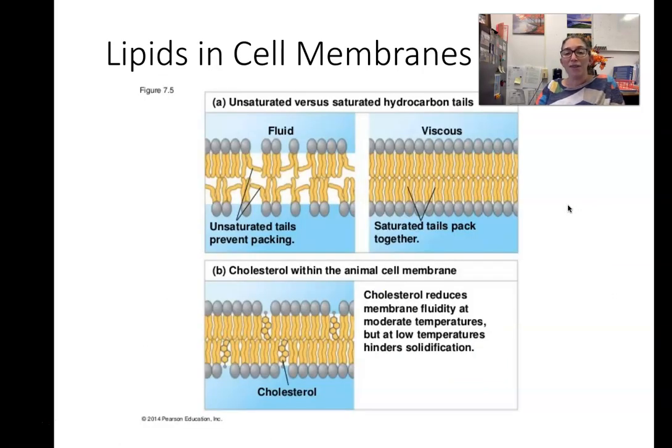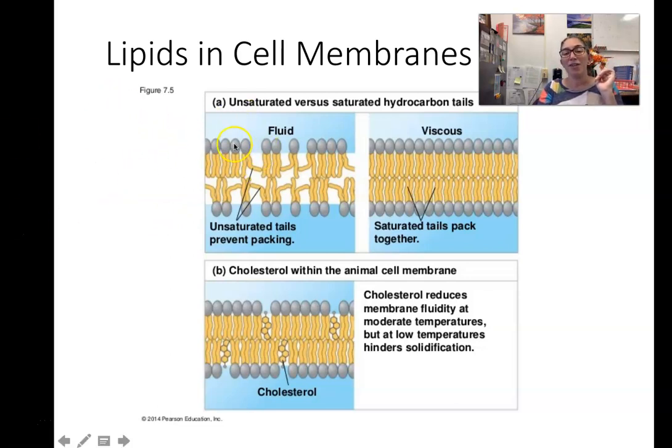So one of the important roles of cholesterol here, another one besides making bile acid, is making the cell membranes more fluid, or actually more rigid. So if you want to have a very fluid, flexible cell membrane, then you're going to use several unsaturated fatty acids there because they don't pack as tightly.